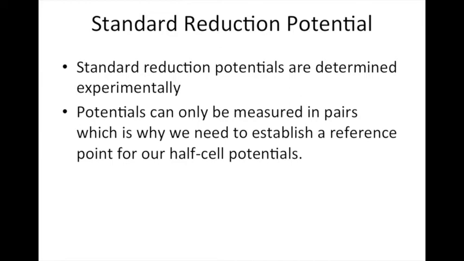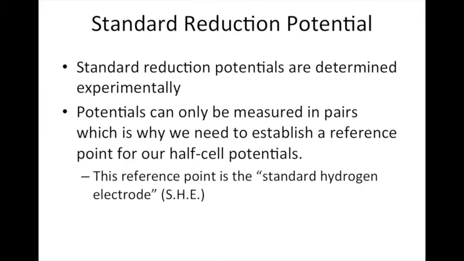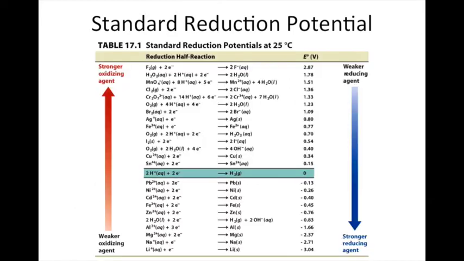So potentials can only be measured in pairs, which is why we need to establish some reference point for our half cells. This reference point is what we call the standard hydrogen electrode, and that's that hydrogen half reaction that we were just noting. So the standard hydrogen electrode is assigned a 0 value, and these other standard reduction potentials are measured against that hydrogen electrode.